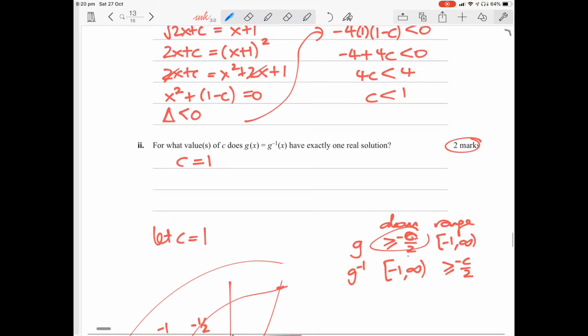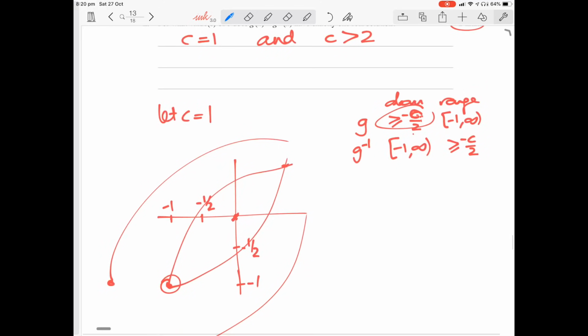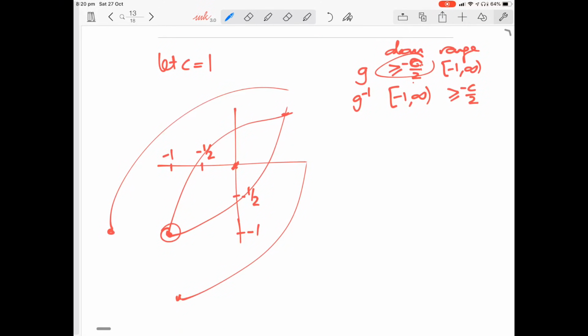So c equals 1, we're going to have one solution, and we want one solution, c is greater than 2, because they'll only intersect once on that line.